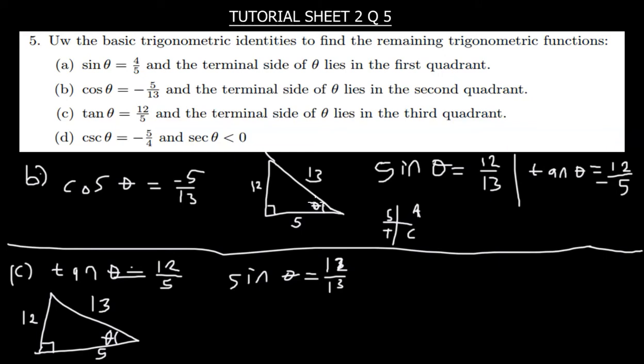Now the instruction here is saying the terminal side of this theta lies in the third quadrant. Is sine positive or negative in the third quadrant? It's going to be negative.